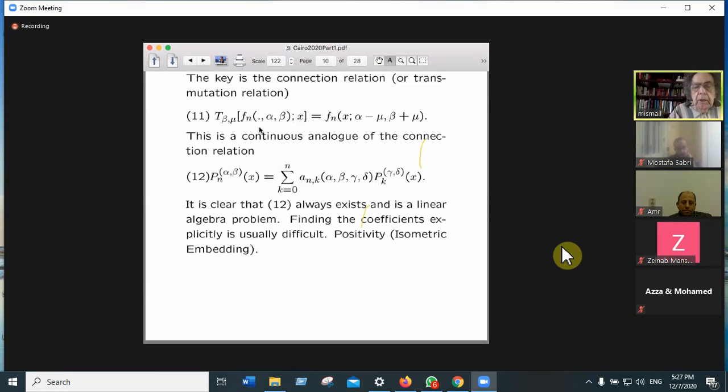So this formula, or the transmutation relation, is a continuous analog of this discrete relation. So this is one of the things that people do in special functions, to do these connection relations and determine the signs of these coefficients. And their positivity usually has some geometric property.